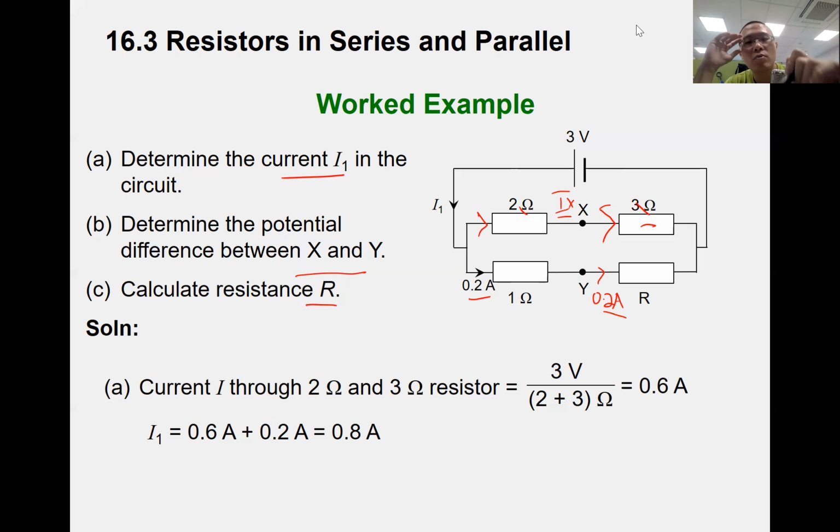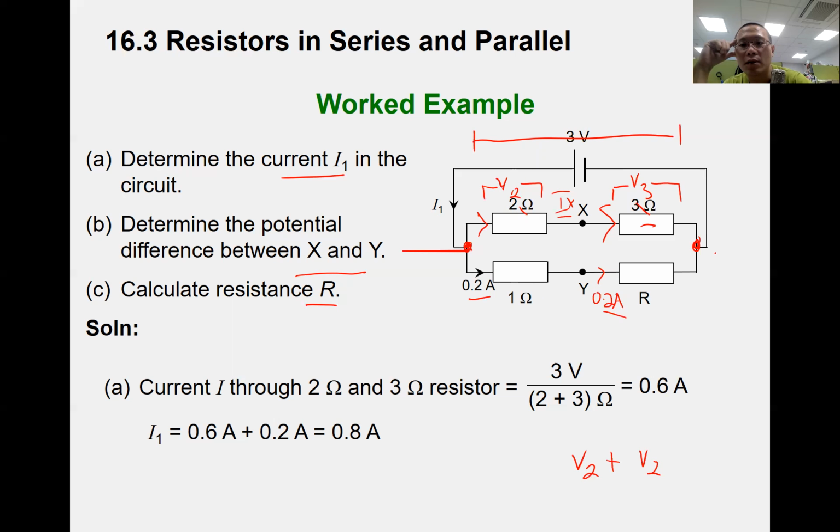Okay, and I also know that because they are in series, 1 ohm and R ohm, 2 ohm and 3 ohm, they are in series with each other. The potential difference across V2 and V3, if I add up the potential difference here, I will have one relationship whereby V2 plus V3 will actually be equal to the potential difference of the EMF. Why? Because the potential difference across 2 ohm and 3 ohm is across this point.